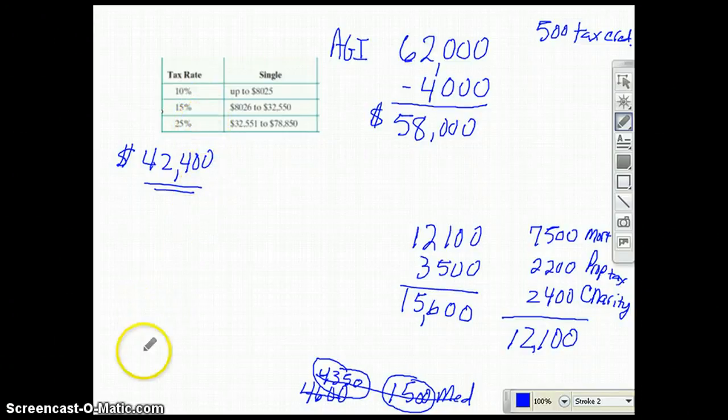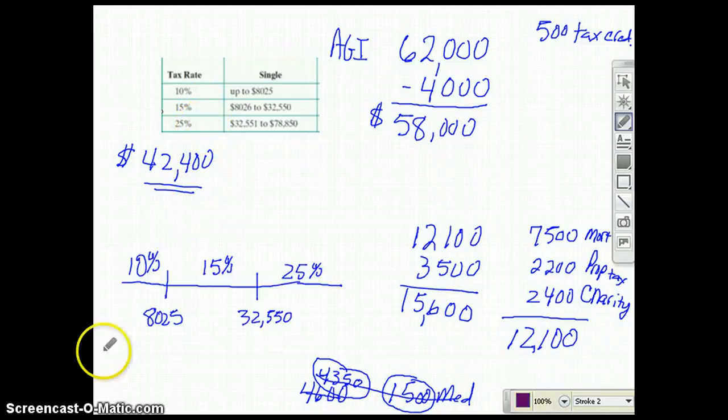Let me explain how to figure out her tax. How much money is she paying at 10%? She's going to pay on this much, which is 8,025. This is how much she pays in the 10% part. How much in the 15%? We subtract these two numbers, and she would pay 15% of that money. And how much would she pay at 25%?